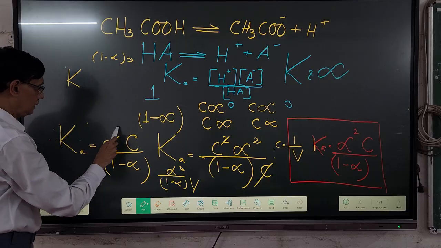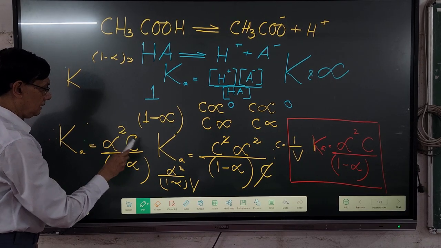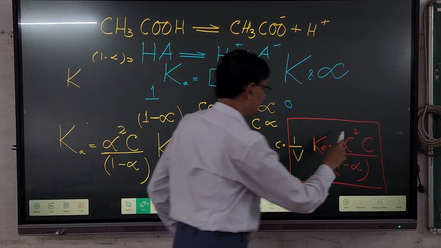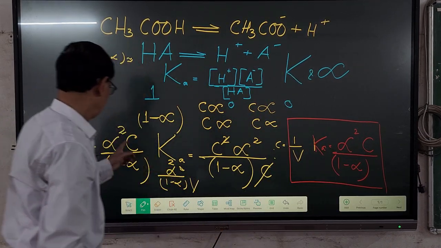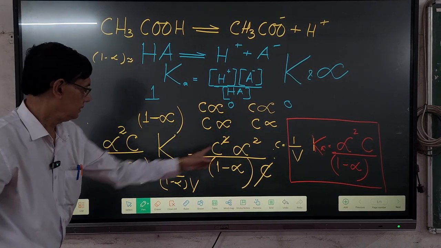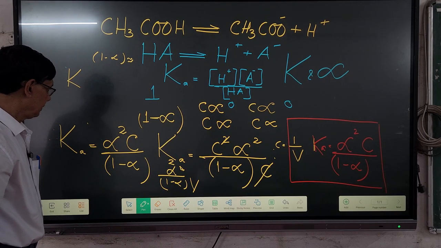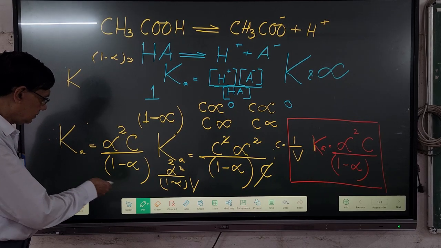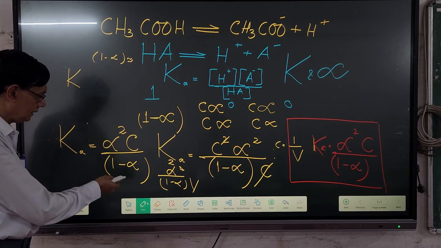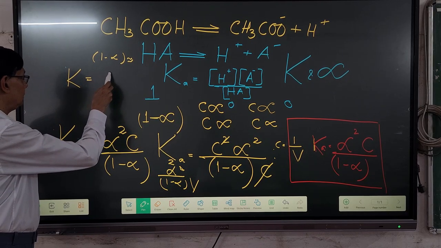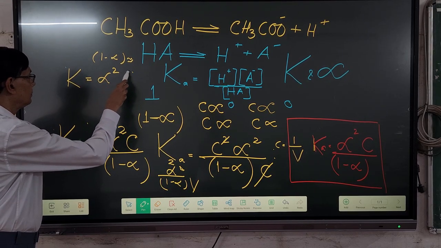I'm sorry, it is alpha square C by 1 minus alpha. So अगर ये बहुत डाइल्यूट है, वीक इलेक्ट्रोलाइट है, तो ये हो गया अल्फा स्क्वायर C.